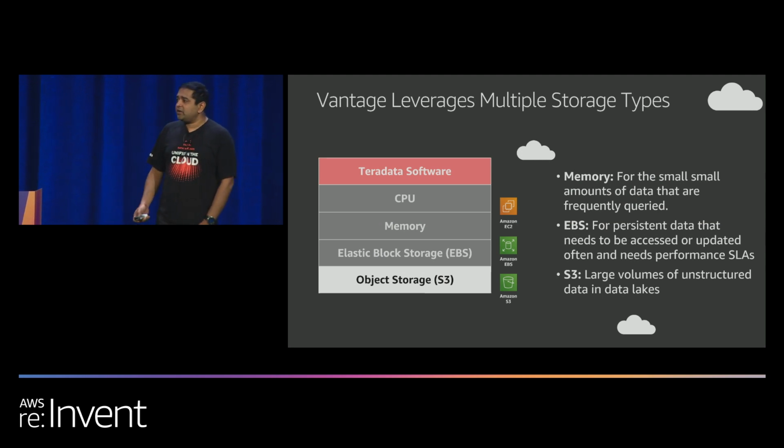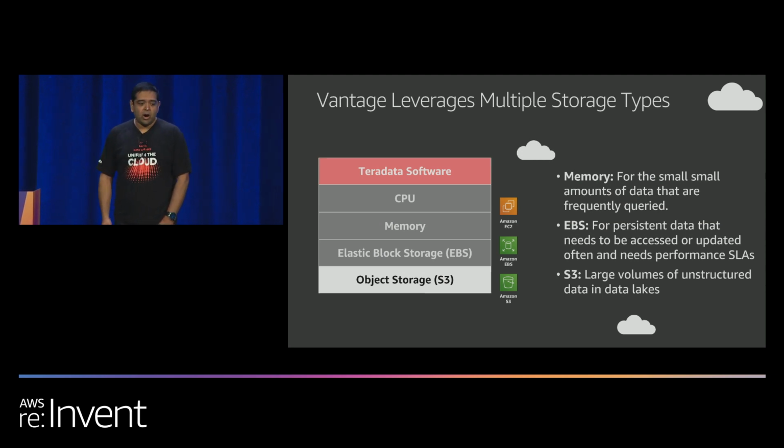Coming down to the technical details of things here, our Vantage software runs on EC2 instances. To emphasize the point here, Vantage does not just leverage one storage type, but multiple storage types. By that, I mean, depending on the needs, it can either use memory, EBS, or S3.